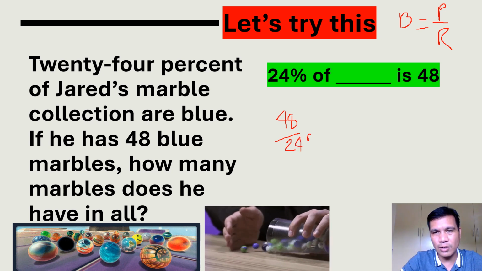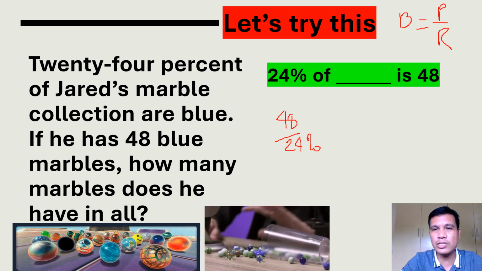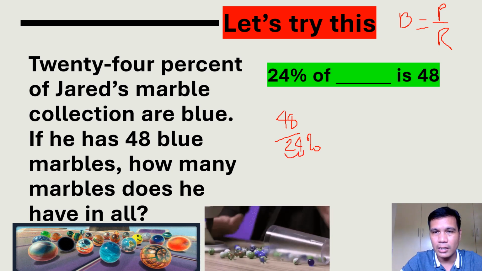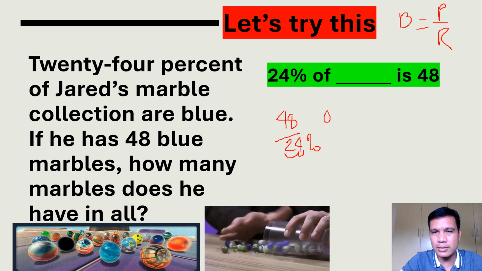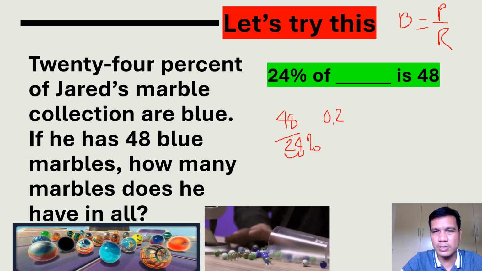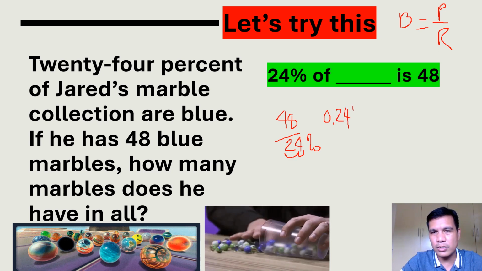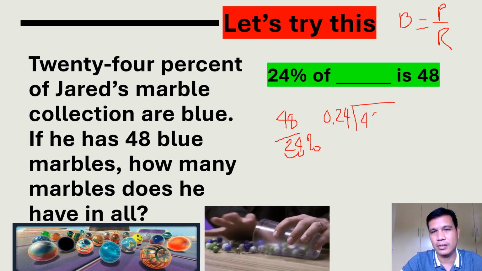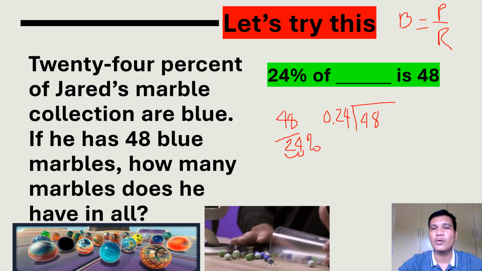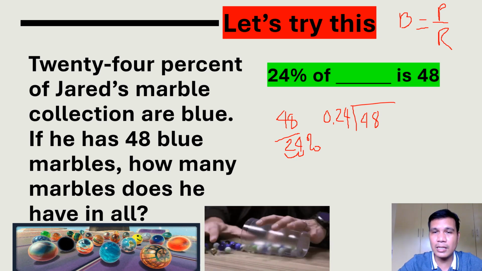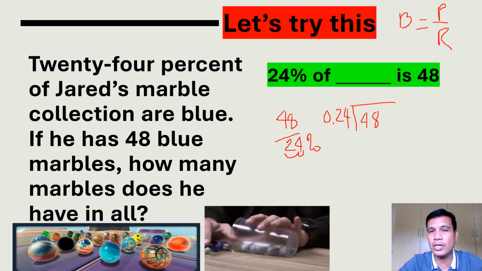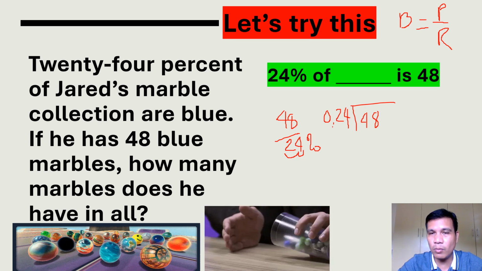Let us remember yung 24%, change muna natin into decimal. So, magiging 24 hundredths ang ating 24%. Tapos, ang ating nasa loob ay ang 48. But again, we cannot divide it yet because yung 24 hundredths ay decimal form. So, change it into whole number, 1, 2.